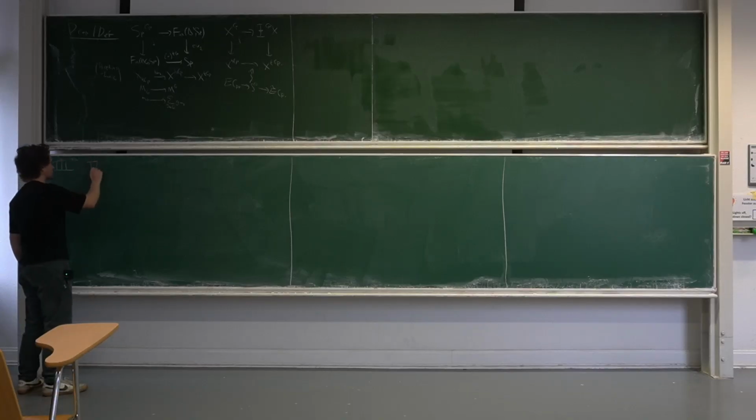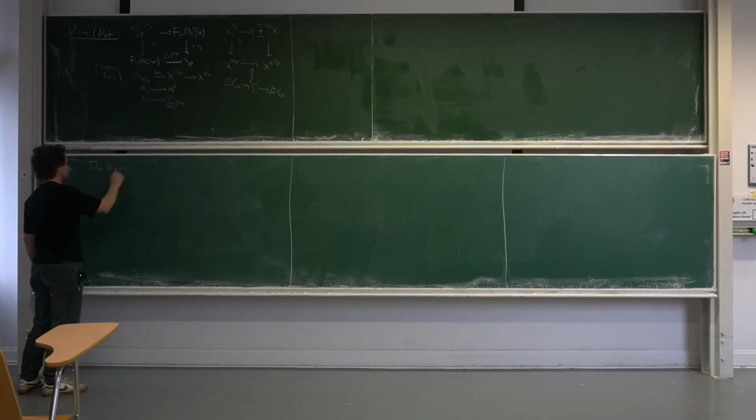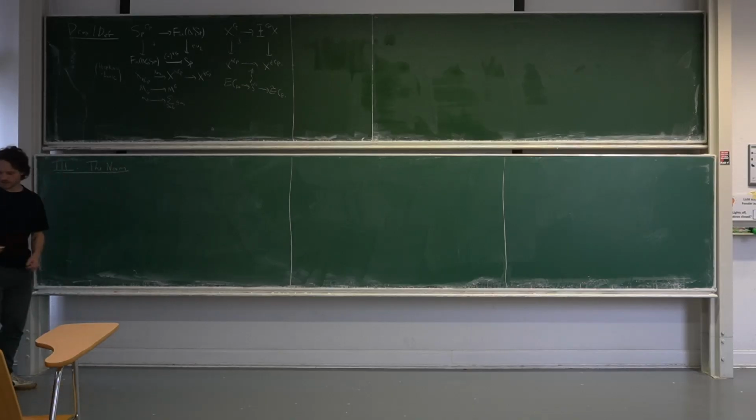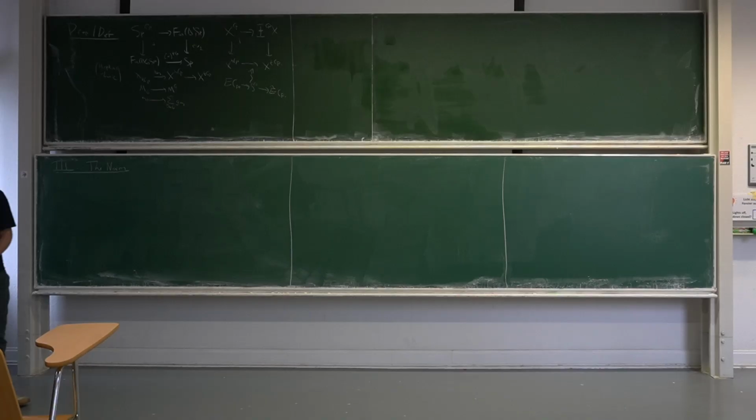Okay, so I still haven't given a definition of genuine G-spectra, except for in the CP case. But I want to move now into the norm and use that to motivate the definition a little bit.